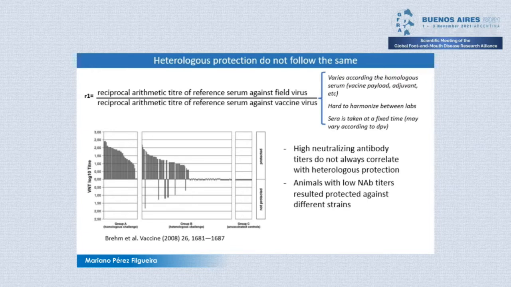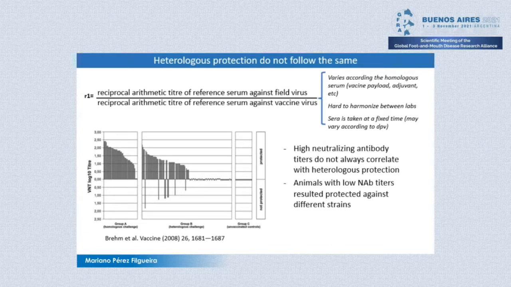Also, the sera is always taken at a fixed time, but we know that over time the immunity changes, so it can vary according to the time. This has been reflected in a paper by Brem et al. from Berha's laboratory, where they performed a number of heterologous challenges using different serotype A strains.